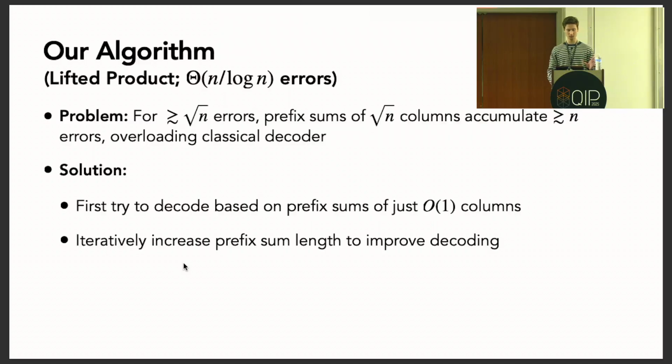So that's a high level description of how we adapt this hypergraph product decoder to the lifted product. The analysis is a bit involved, but these are the main ideas.